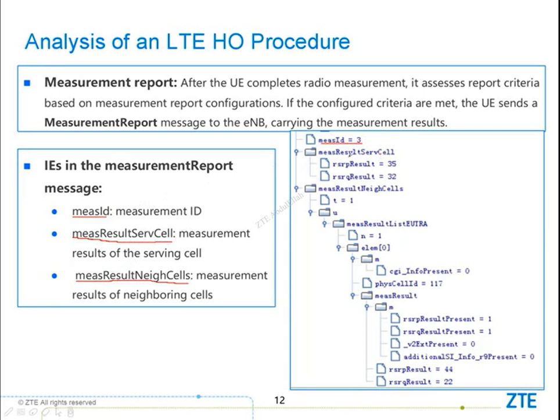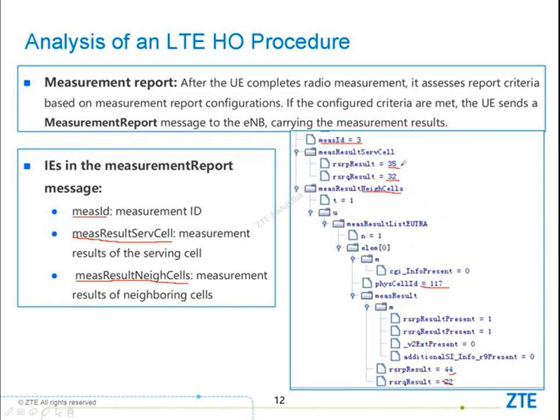So we can see in here, for the serving cell it reports RSRP result 35, RSRQ result 32, and also for the neighbor cell, we can see it also reports RSRP and RSRQ, and also includes the neighbor cell PCI.